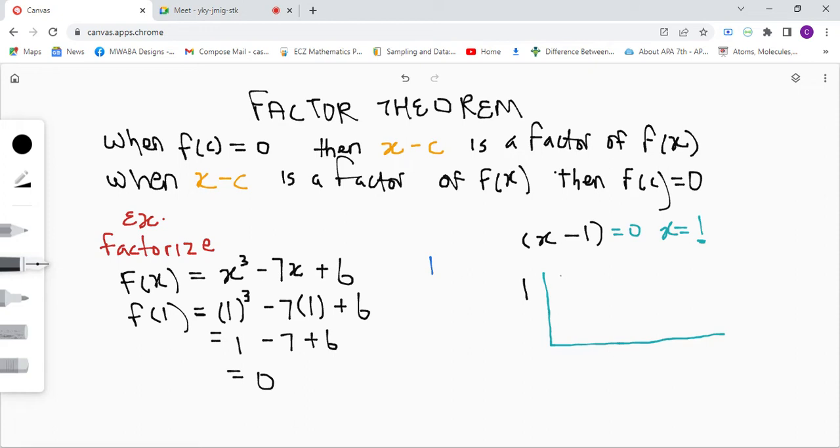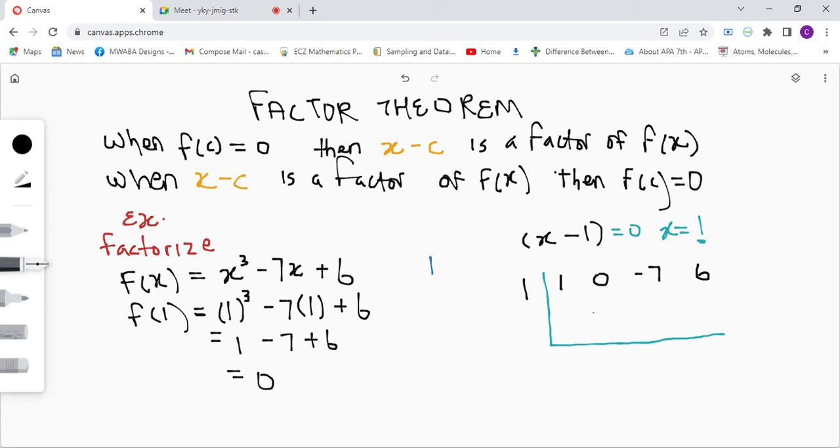For x cubed, the coefficient is 1. We do not have an x squared, so our coefficient for x squared is 0. Then our coefficient for x is negative 7. And then we write down our constant, which is 6.